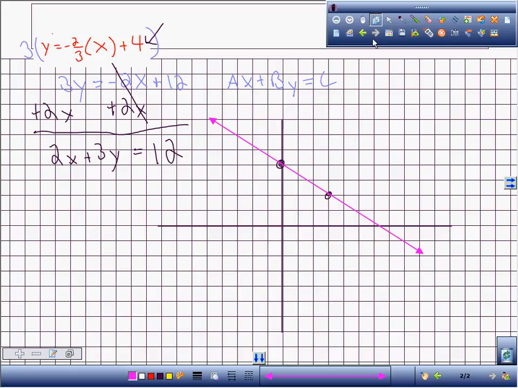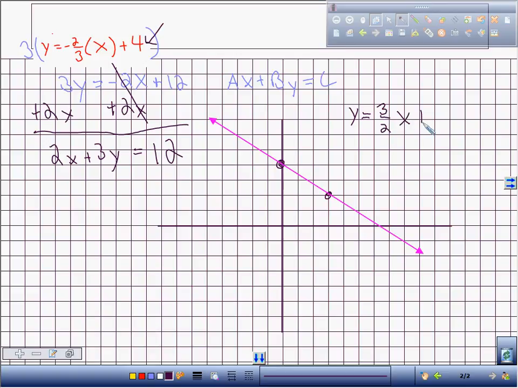So going back, what's the new slope of that line going to be? 3 over 2. So you're going to have y equals 3/2 x plus 4.